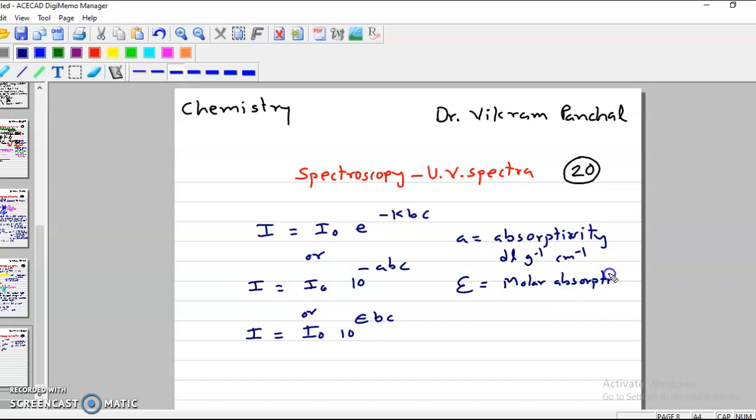If we represent concentration in molarity, then we write epsilon, and the unit will be liter mole inverse centimeter inverse.